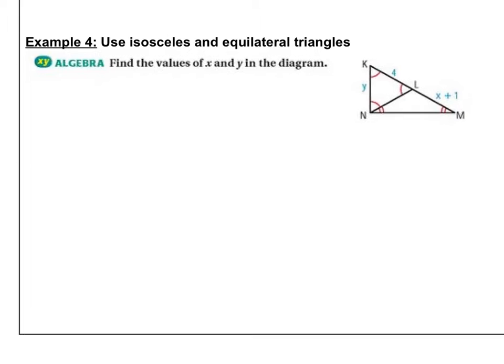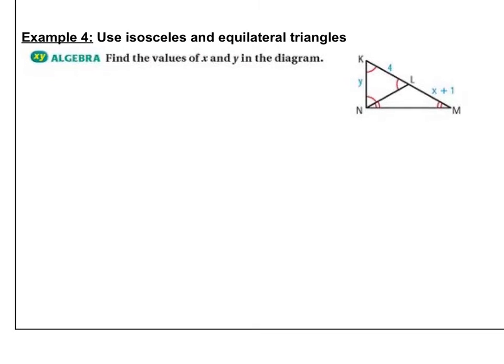Then we're going to use our corollaries and our other stuff to find x and y in this particular diagram. The first thing I would always do, now that we know all this information, is whenever I see something, mark it down. Make sure that we know if it's congruent, if it's not congruent, if it looks congruent. We don't care if it looks congruent, we need to be able to prove that it's congruent.